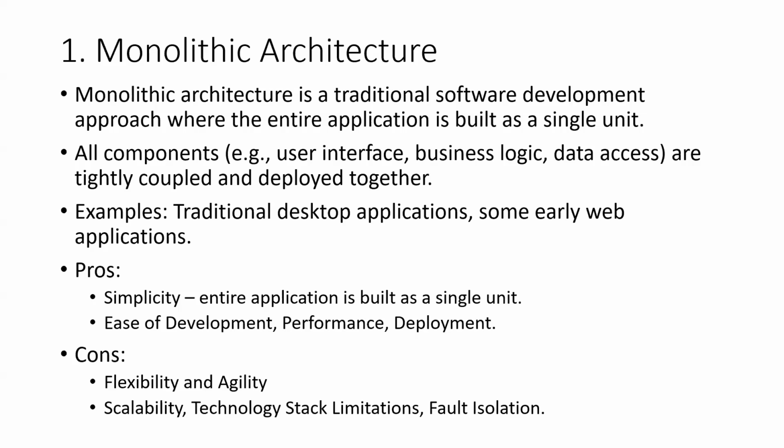For example, traditional desktop applications. Even in real time, there are a lot of monolithic applications running in the banking domain, because the banking domain has a lot of sensitive business logic. People are afraid to move that logic from the monolithic architecture into microservices architecture, because it's not a technical limitation. Here, the problem is the business logic.